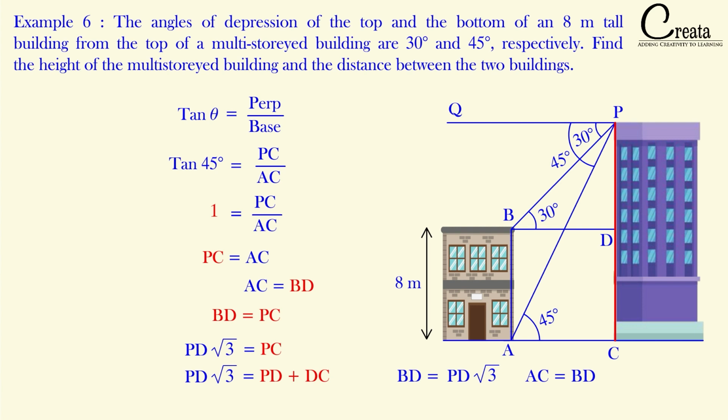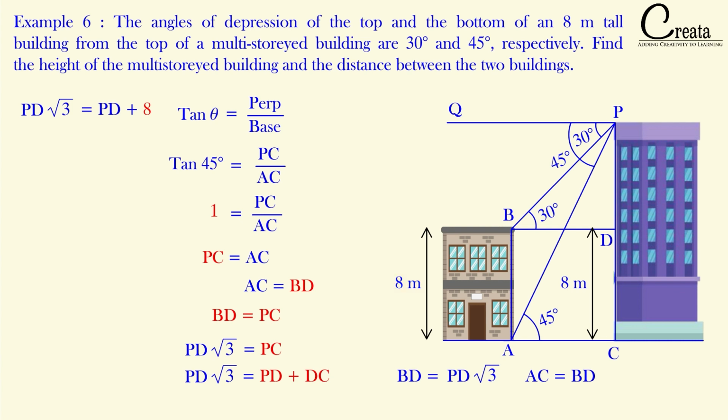The simple mathematics, nothing special we have done. We have just replaced PC with PD plus DC and we have replaced BD with PD root 3. Got it? Further, what is DC? If you observe the main diagram, DC is the height of the second building, the small building, which is given as 8 meters. So we can replace DC with 8 meters.